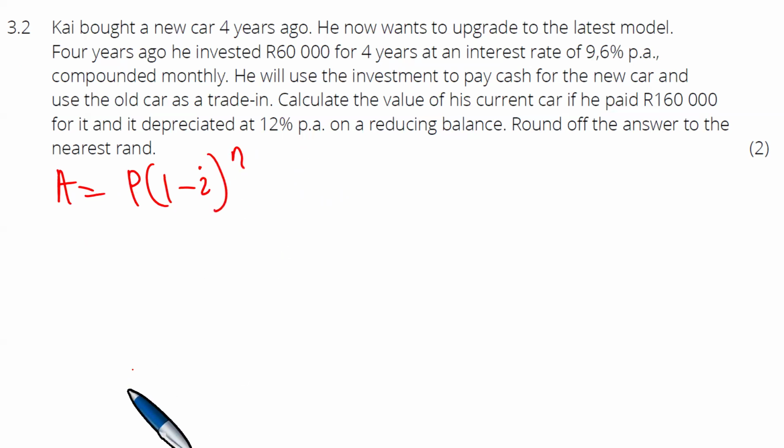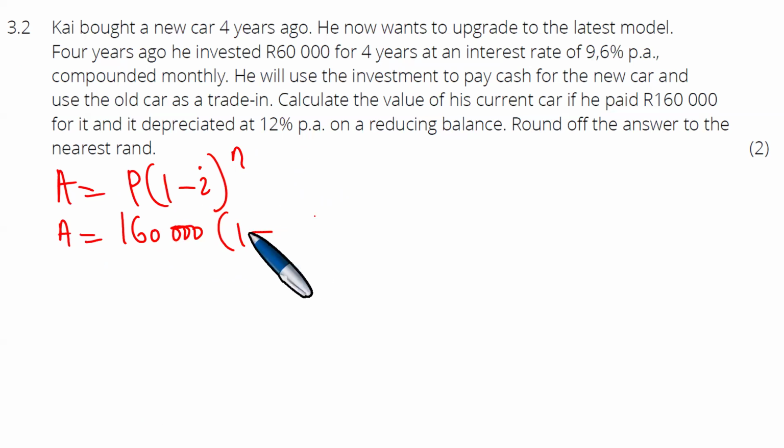We use this formula here: A equals, what is the present value? He paid 160,000, minus the interest rate. What is the interest rate? It's actually 12%.